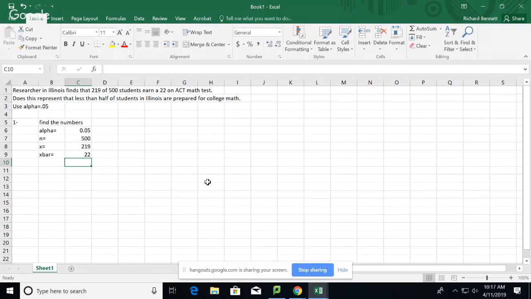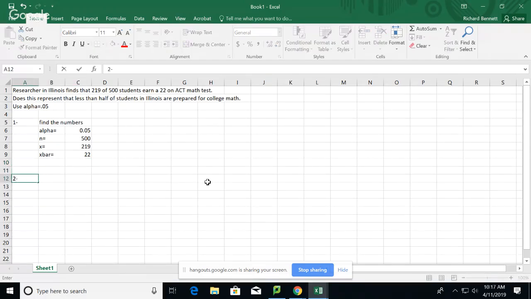Okay, we don't know that the X bar is 22. Maybe it is, maybe it isn't. It says 22 doesn't mean pass. 22 means you're prepared for college math. 21 or less means you're not prepared. Okay? Are you supposed to assume that? Yeah. Okay, so I think we've got all the numbers, right?